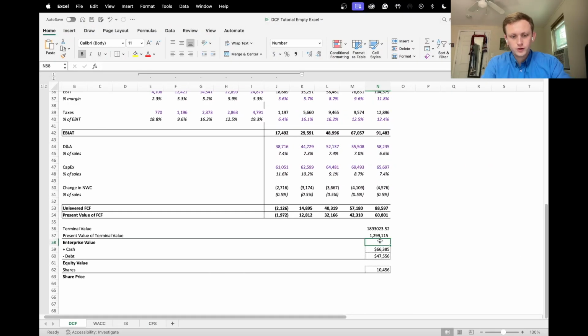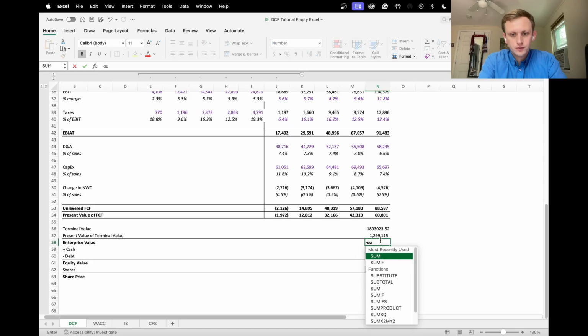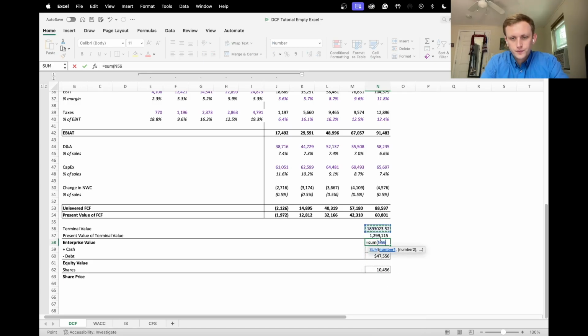So first, for the enterprise value, I'm going to use the sum function. And I'm going to get our present value of future free cash flow, and add a comma, and also get the present value of terminal value. So this is our enterprise value.